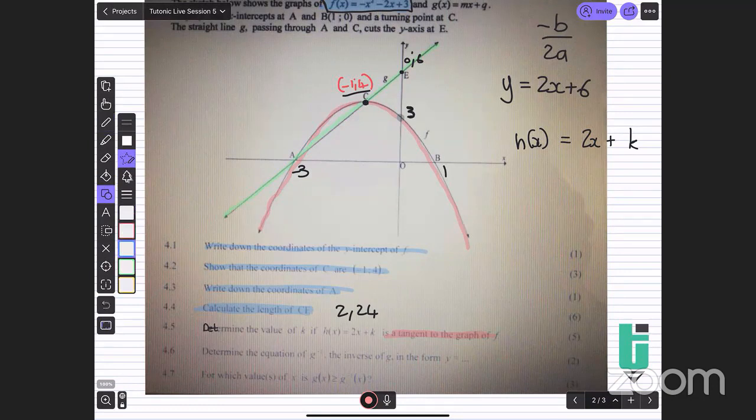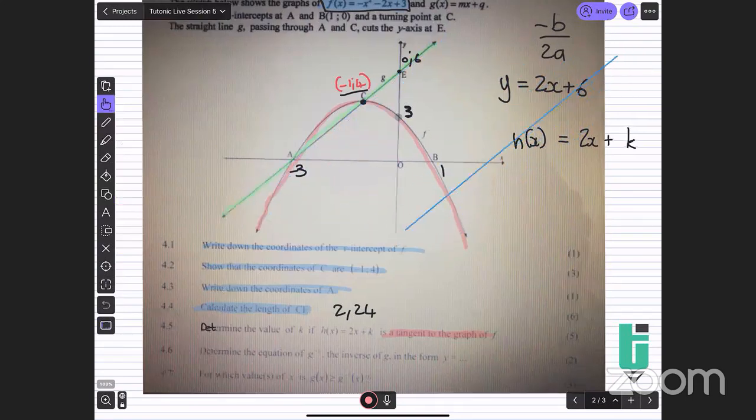And what is k there? The y-intercept. So if I change k, what will that do to the graph? It goes up or down. Yes, it's a vertical shift. Do you notice how I'm drawing the graphs parallel to each other? The gradient is equal.